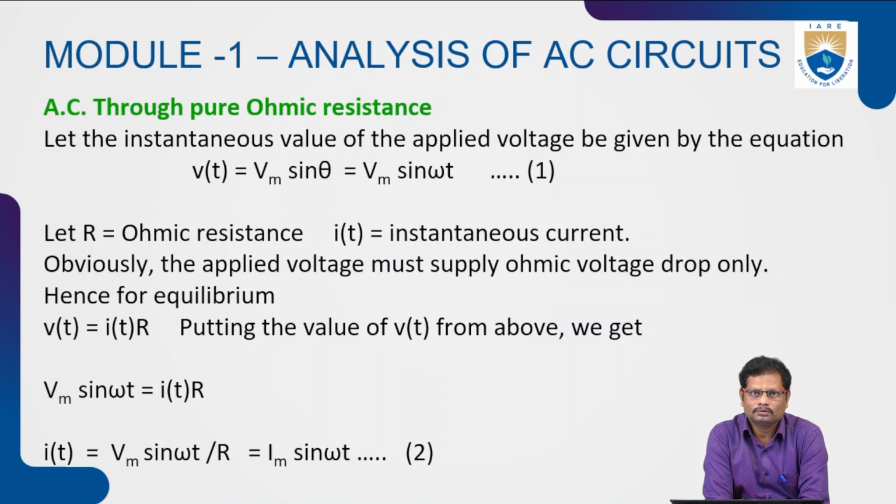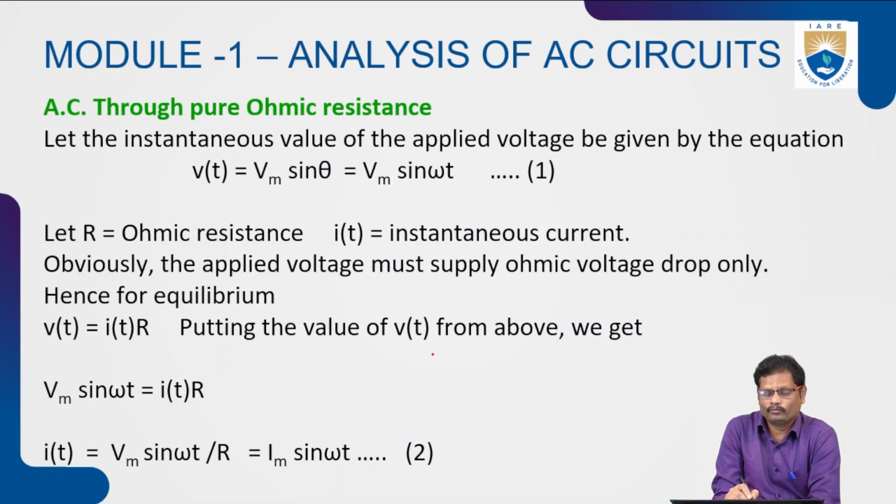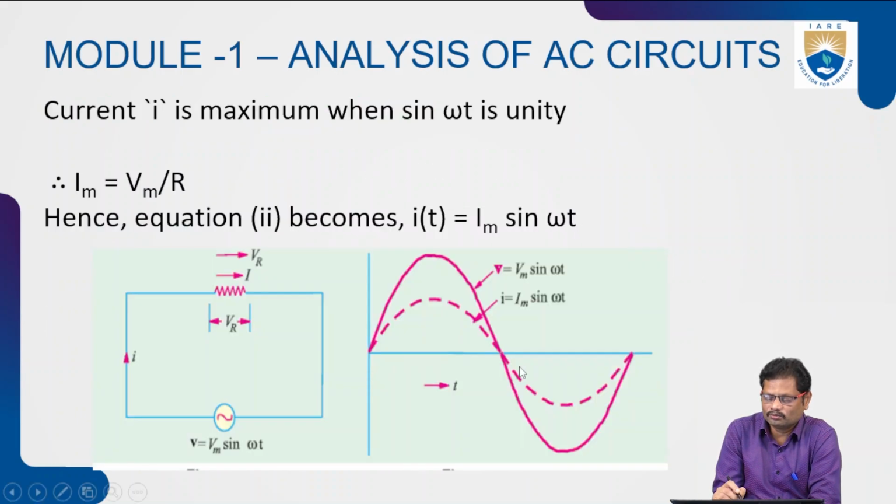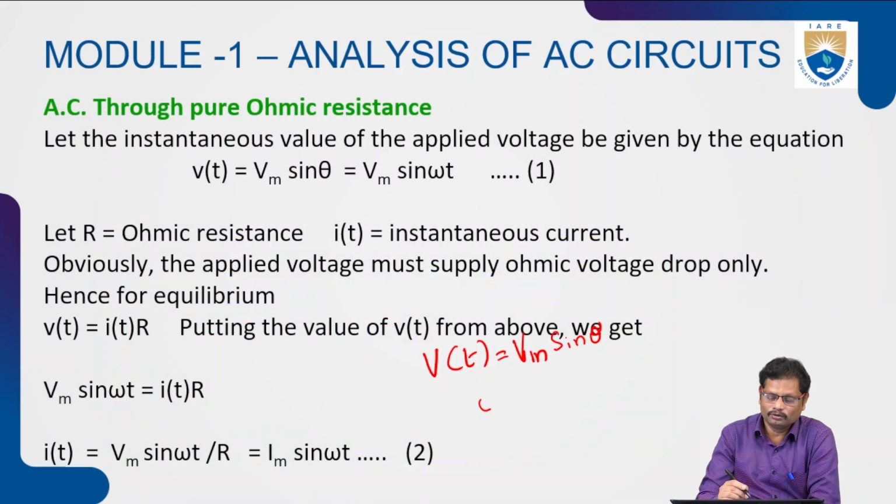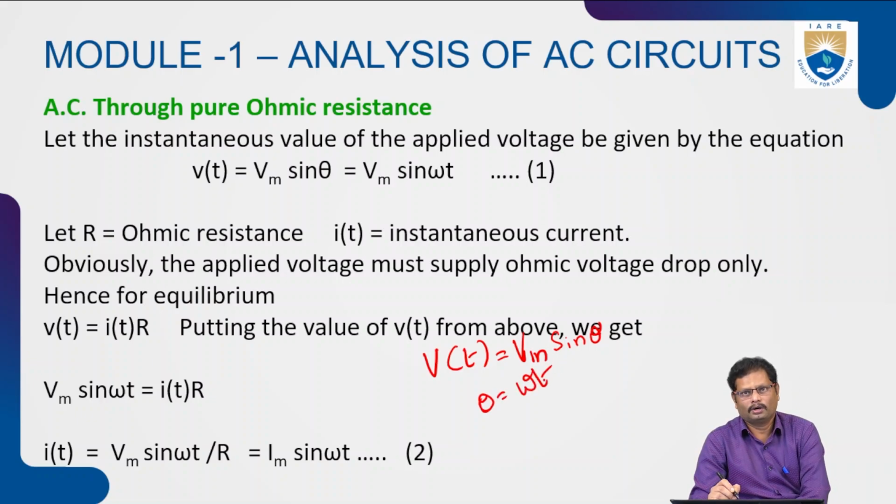So according to the alternating voltage equation, V of t at the instantaneous time t equals maximum voltage Vm into sin theta, where theta is omega t, angular velocity into time.